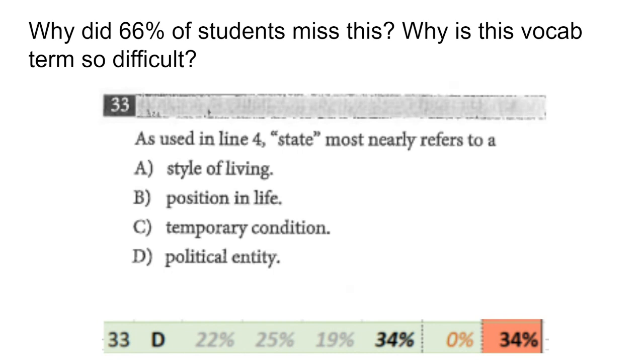Many students looked at the other answer choices, such as a style of living or a position in life, or their temporary condition, all of which could be a definition for state, but you have to use the context and what they're talking about to pull out that the correct answer here is D. 34% of our students got that correct.